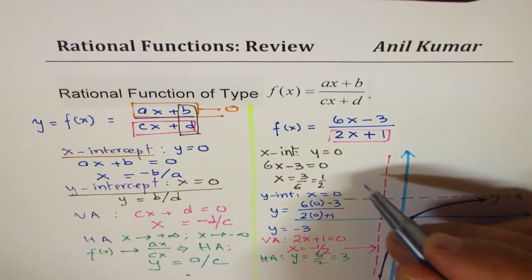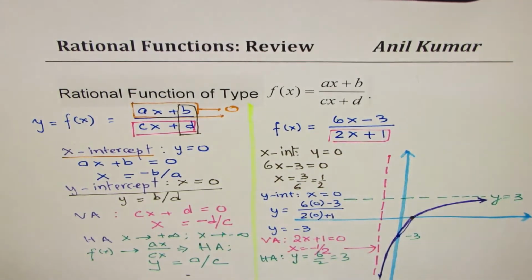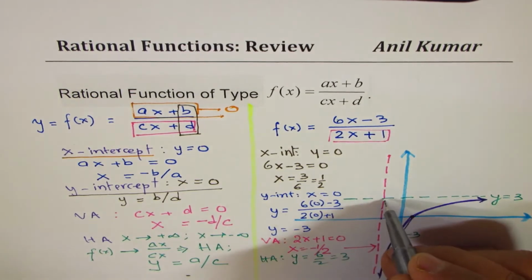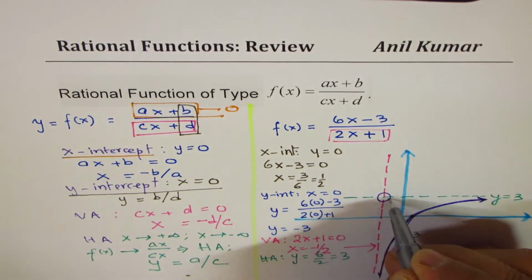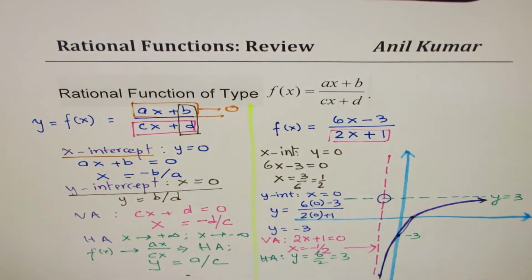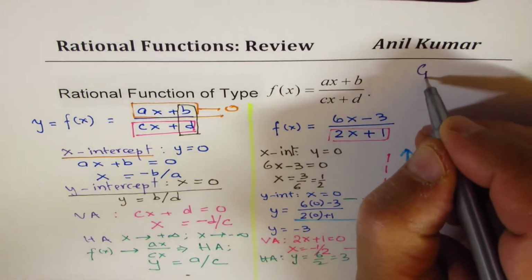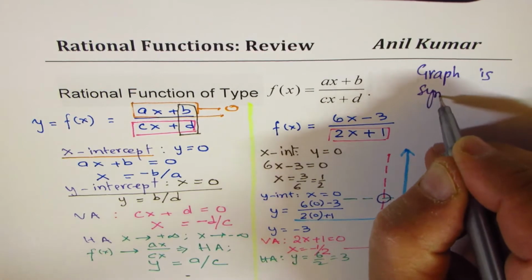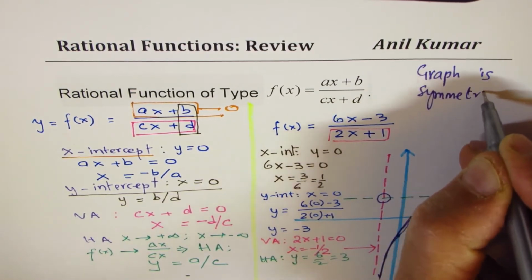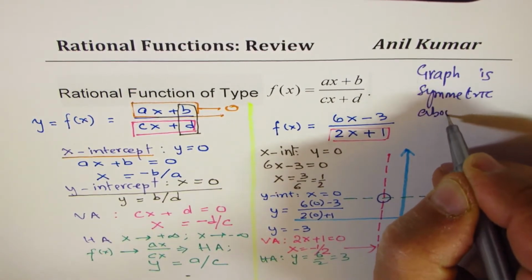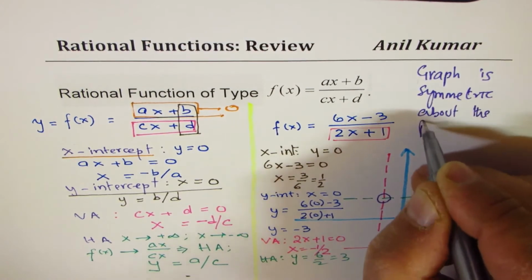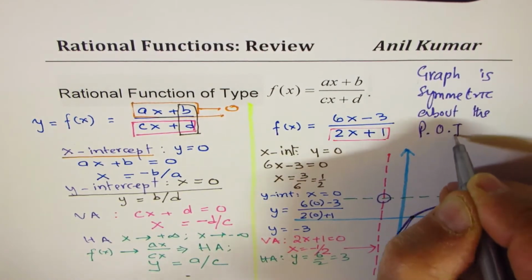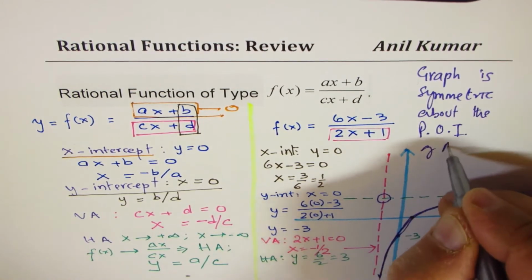Now, how do I sketch the other part? The most important thing here is this particular point. You'll also notice that this graph is symmetric about the point of intersection of the asymptotes.